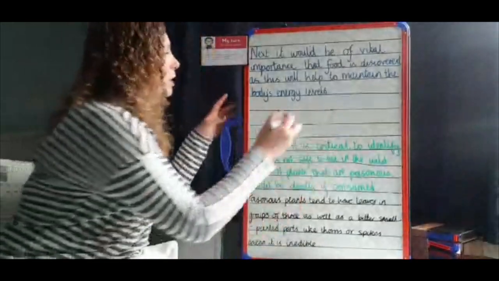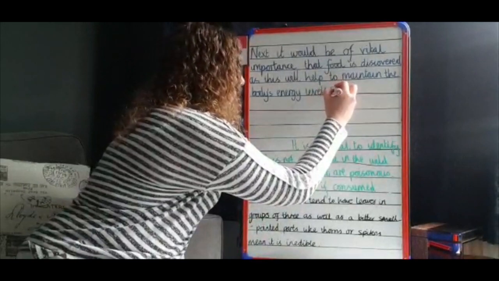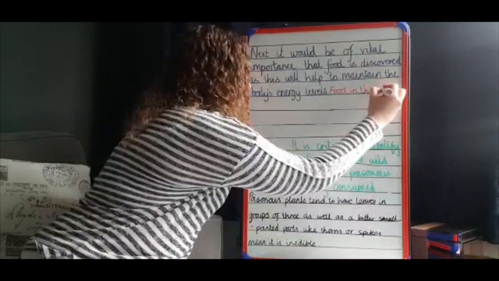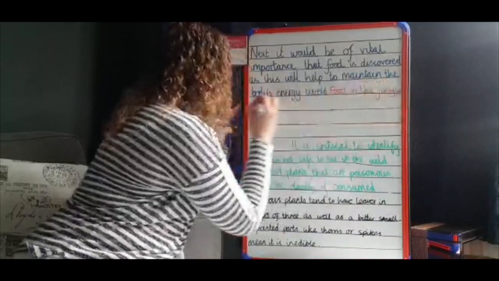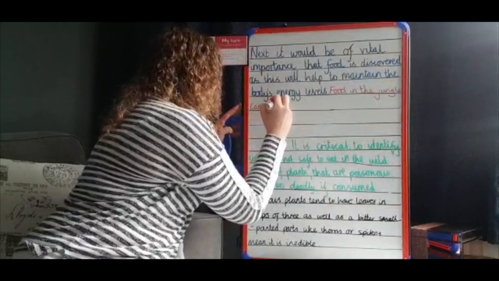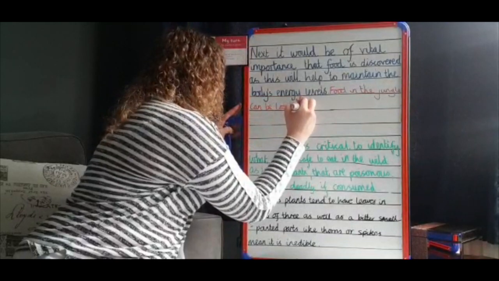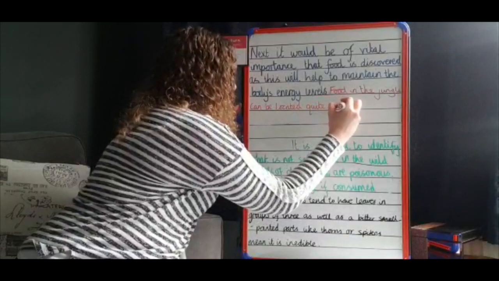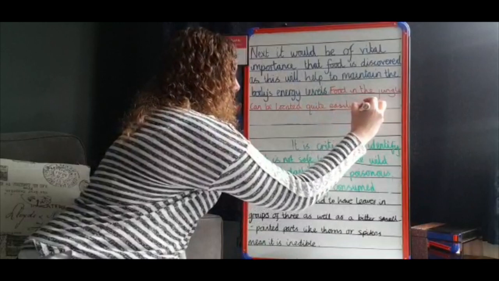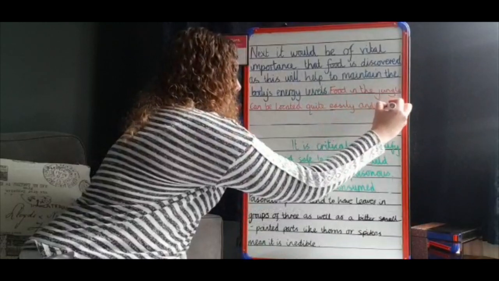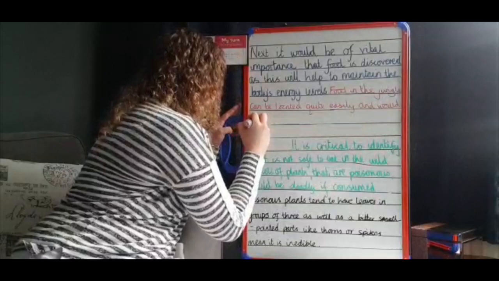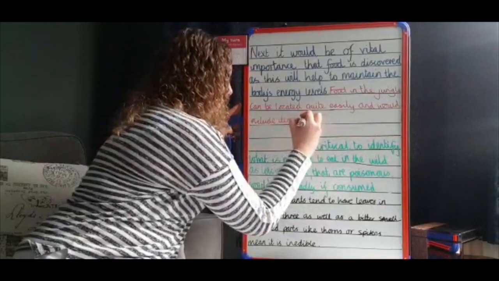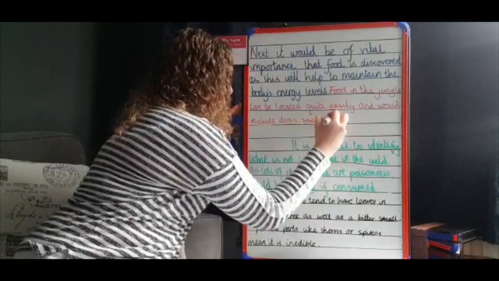Food in the jungle can be located quite easily and would include items such as.